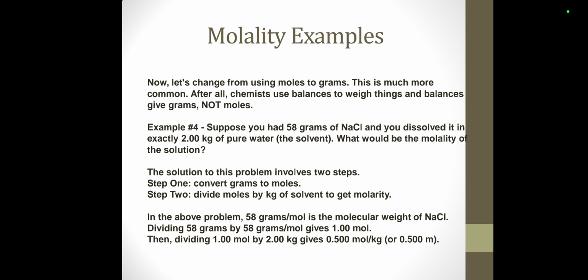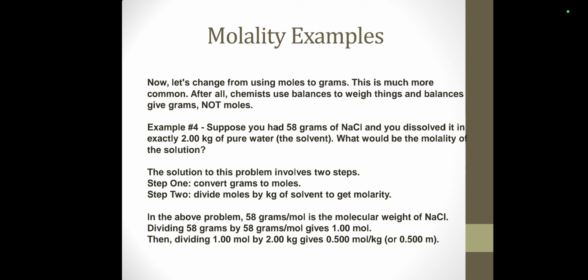Just look for the atomic masses of the 2 elements in the compound. We have sodium and chlorine here. Look for the atomic mass of sodium and of chlorine, then add them. The result would be 58 grams per mole.